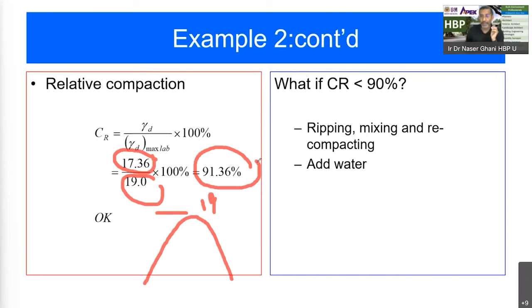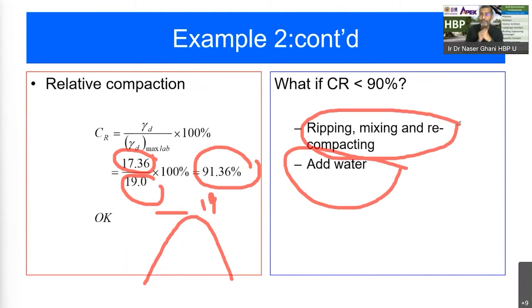First, it could be because of not enough moisture. Second, too much moisture. In the case of too much moisture, for example, you are doing your earthwork operation and suddenly it rains.